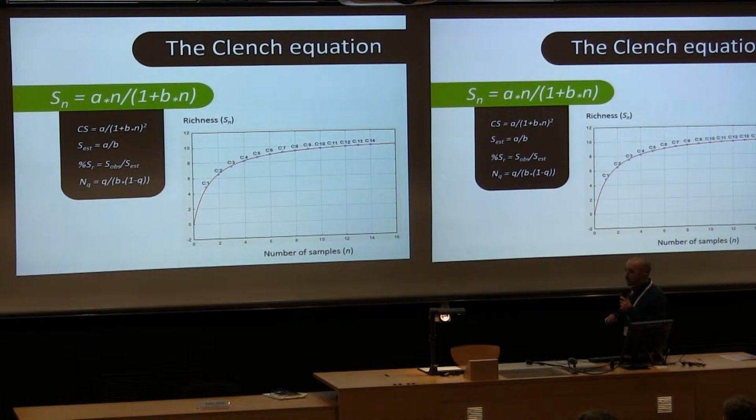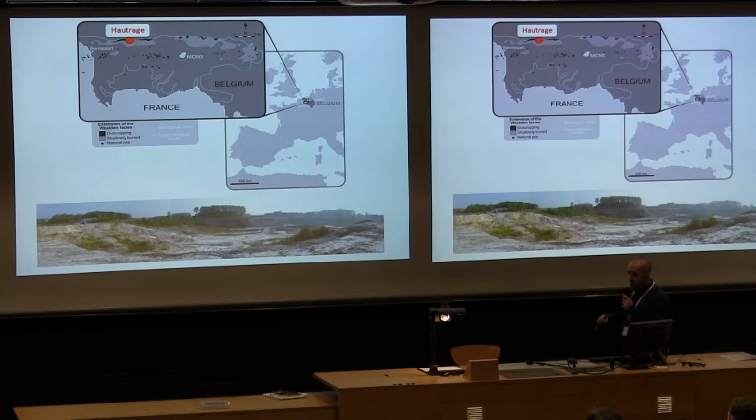Generally, in the neoecological studies that have been made using this kind of methodology, we estimate that we have reliable estimates for curve slope values lower than 0.1 and recorded richness higher than 70% of the total richness. So we've applied this method to the study of the plant diversity of the Lower Cretaceous locality of Autrage in Belgium.